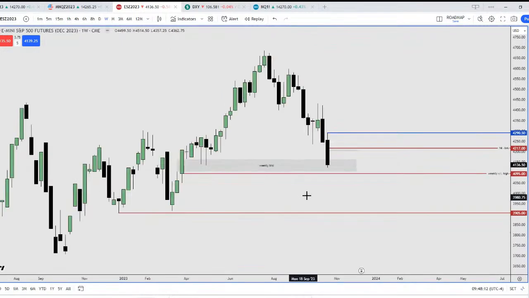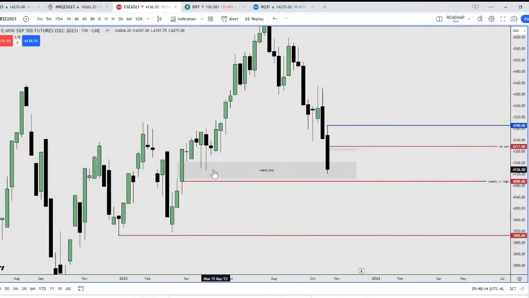So for the weekly, it's pretty clear that price is wanting to go lower into this volume imbalance right here. Okay, why do I say so? Because it's closing really close to this consequent encroachment, even after taking out these sell stops, right?